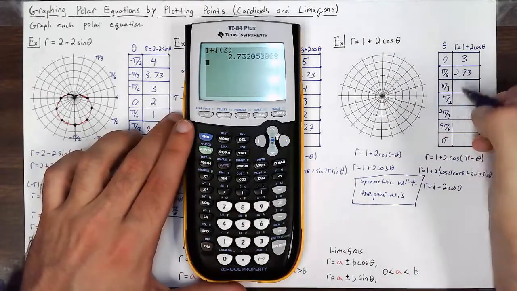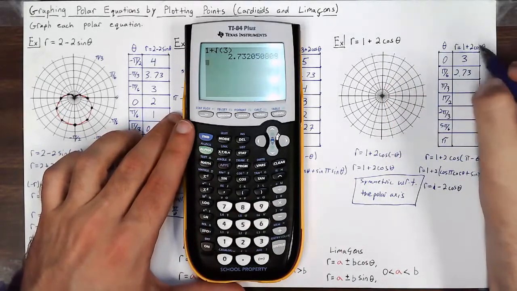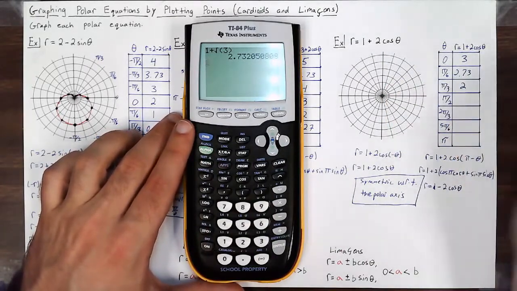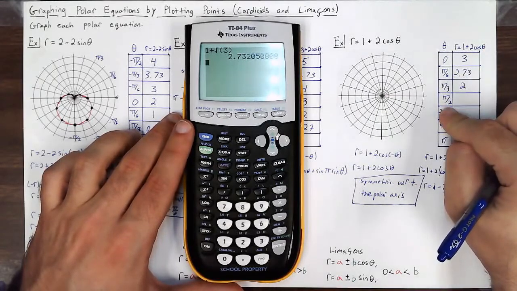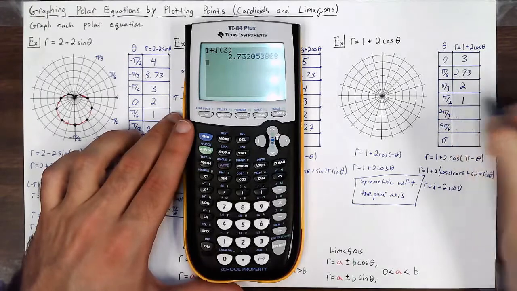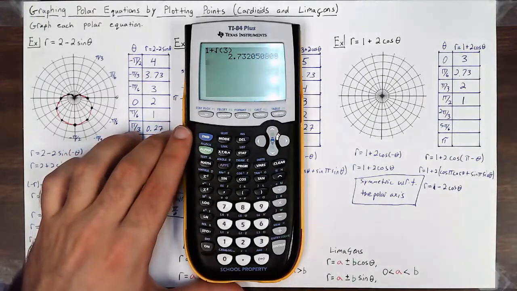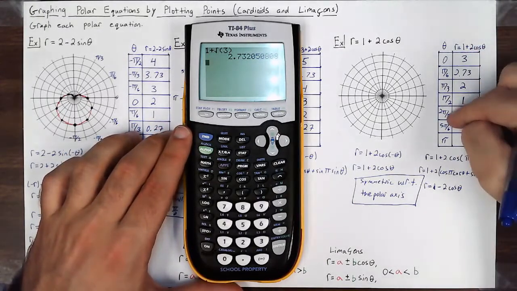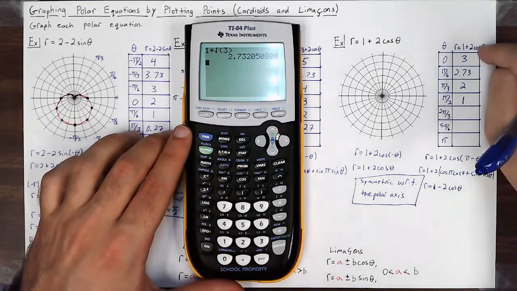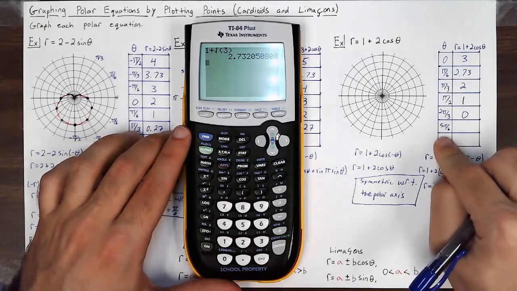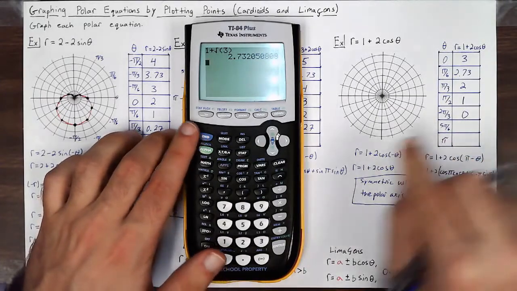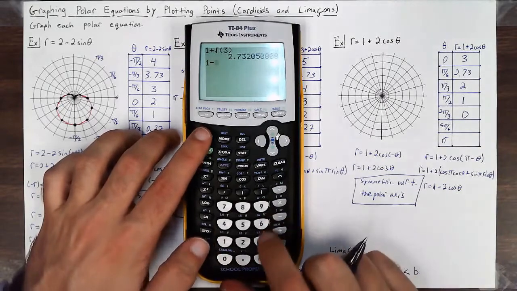And then cosine of pi over 3 is 1/2, so that's 1 plus 1, which is 2. Then you have cosine of pi over 2, which is 0, so that gives me 1. And then cosine of 2 pi over 3 would be negative 1/2, so that comes 1 minus 1, which is 0. Then cosine of 5 pi over 6 is negative square root of 3 over 2, so 1 minus the square root of 3.